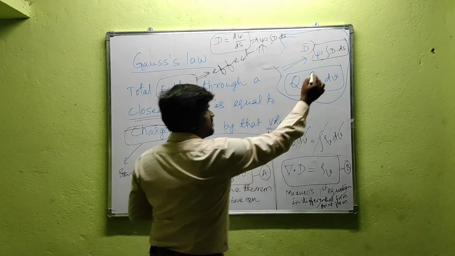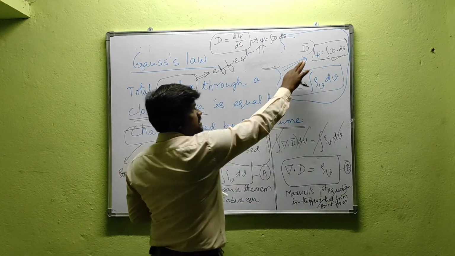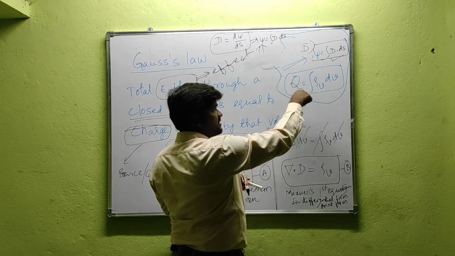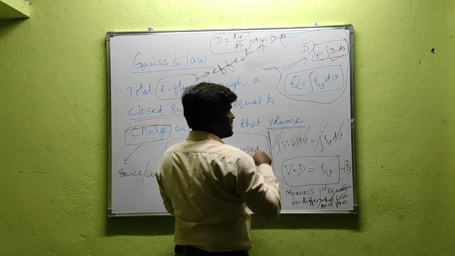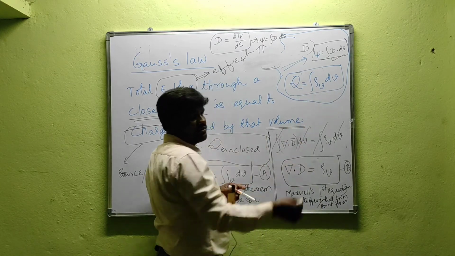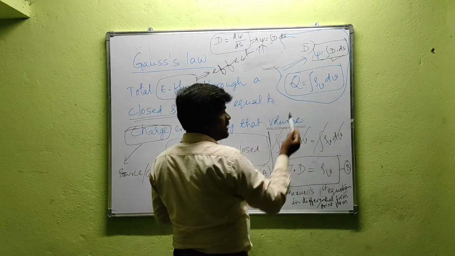This equation represents flux in terms of the flux density, but this flux is due to what charge? Now represent that charge in terms of the charge density. Let us consider volume charge. Then the charge, in terms of the volume charge density, is Q equal to integral rho v dv.